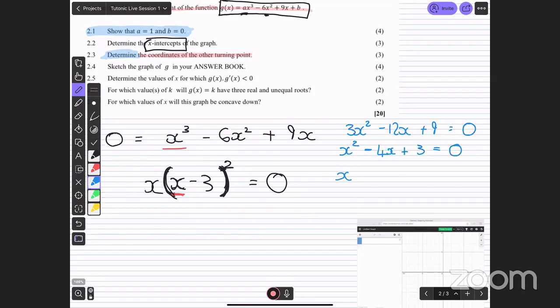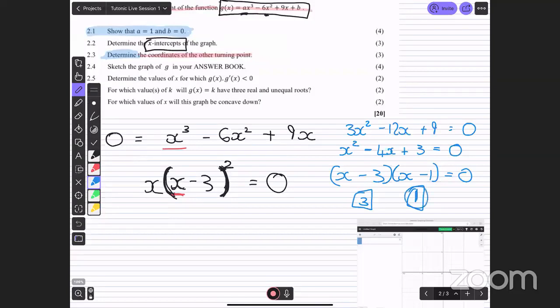Okay, so then this becomes x minus 3, x minus 1, right? Yeah. So what's the turning point? 3 and 0. Huh? No, 3 and 1. Oh, 3 and 1. Who said 0? Do you see here it's 1, right? Yeah. Okay.